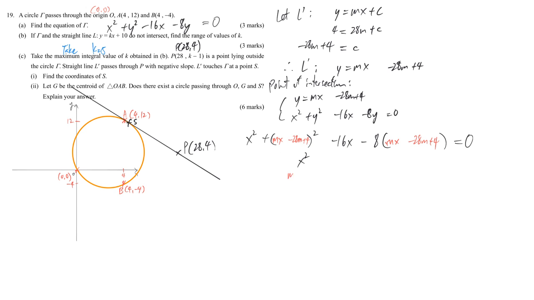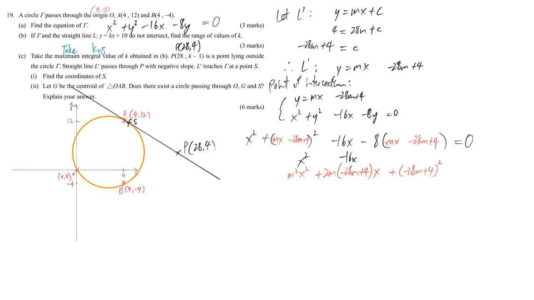Expanded, we have m squared x squared, we have positive 2m times negative 28m plus 4 times x, and then finally the constant part, negative 28m plus 4 bracket squared. We finish this term. Now we have negative 16x.